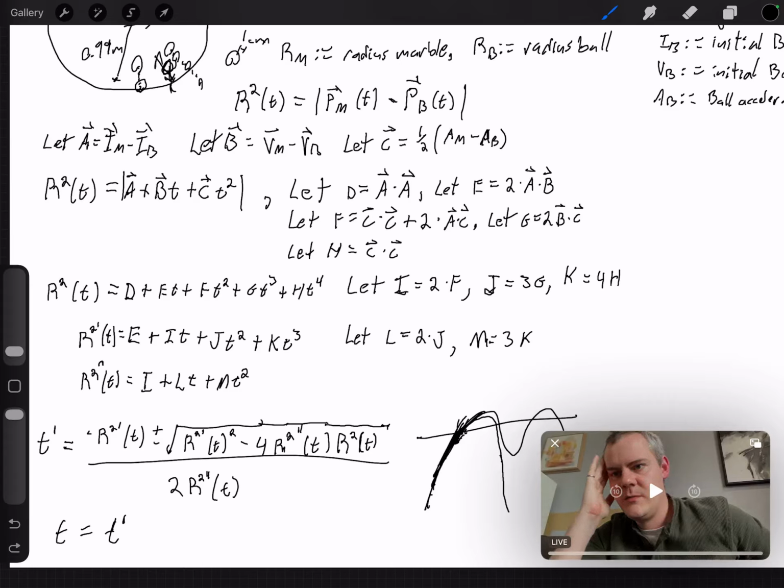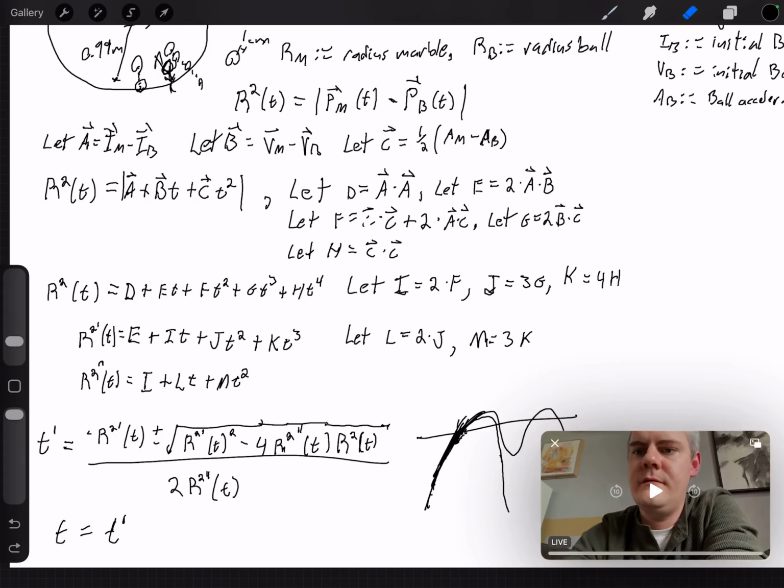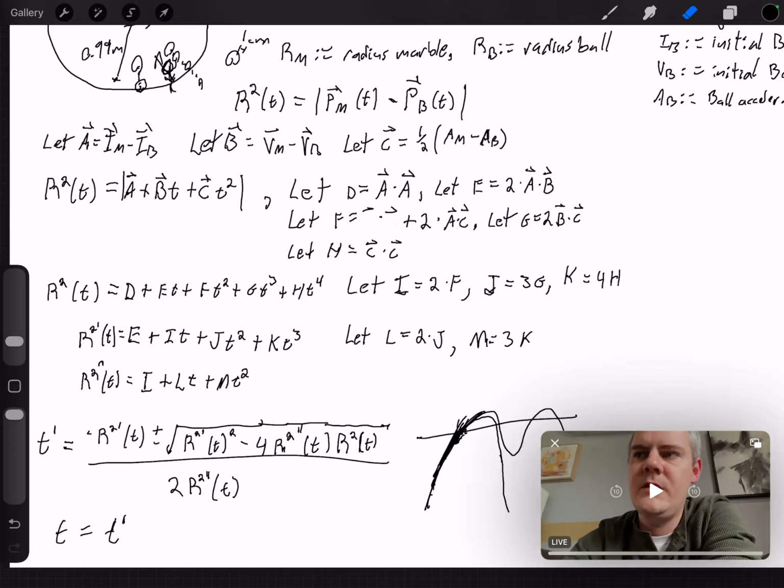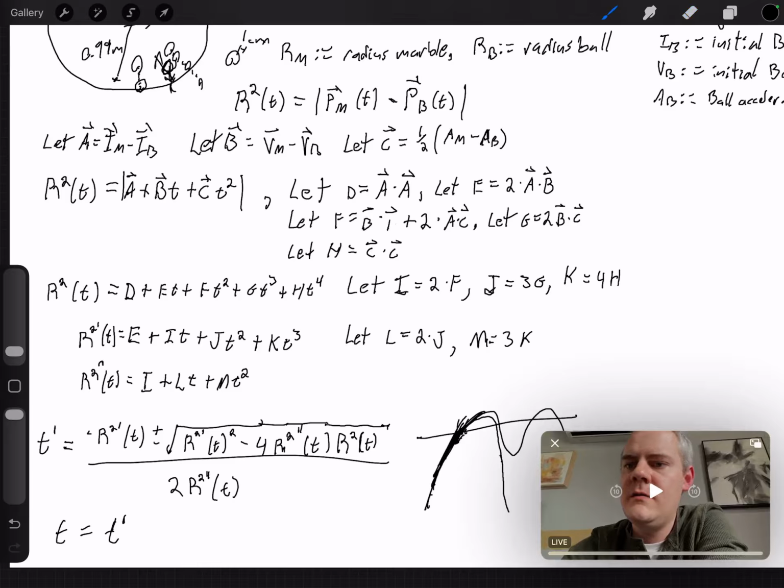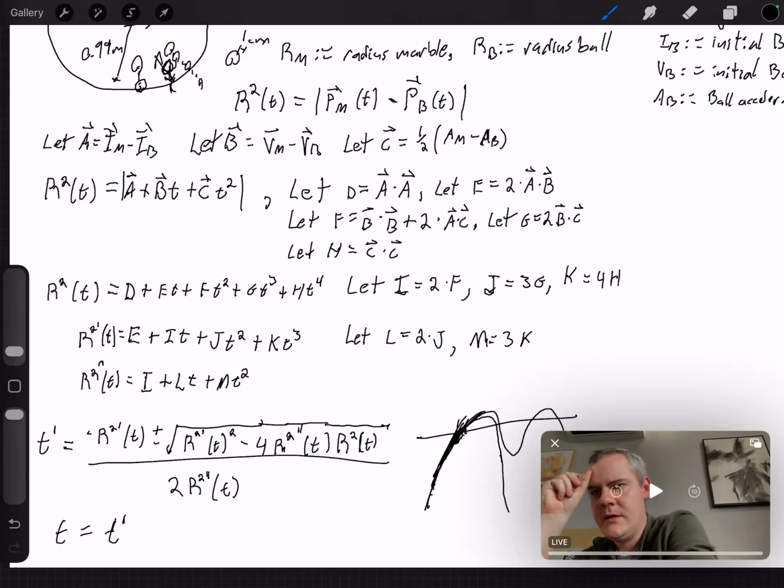There's just so many bugs. C dot C is acceleration dot acceleration. That cannot be right. That was supposed to be velocity. This is velocity. Velocity. Yeah.